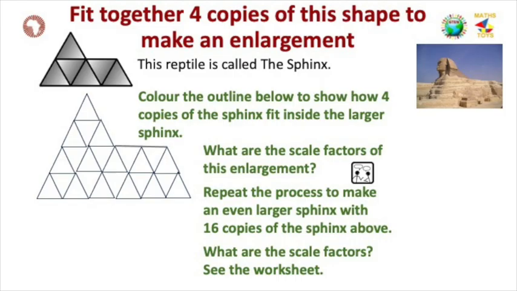You can either cut out one Sphinx that's made up of 6 triangles, or look at the larger shape and draw the outline of those. Sorry, it's a reptile made from 4 copies, and see if you can draw the outline of 4 of those Sphinxes.